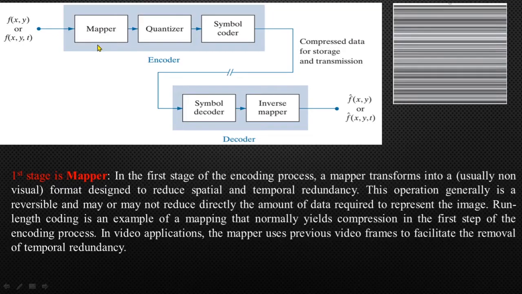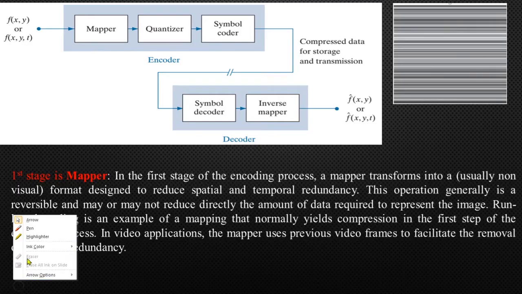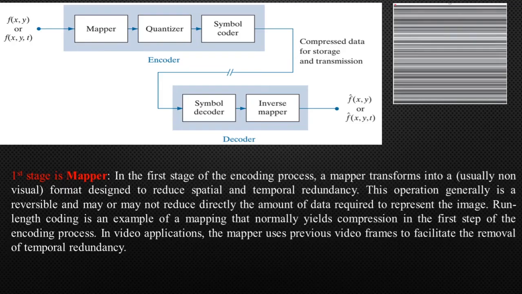For example, in this image, all these pixels have the same intensity values. The intensity value of these pixels depends on, and is the same as, the neighboring pixels. In that case, all these pixels which have the same intensity level and depend on the neighboring pixels can be represented in a particular format.